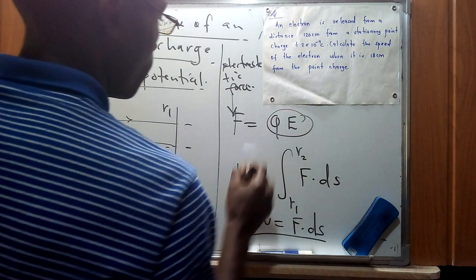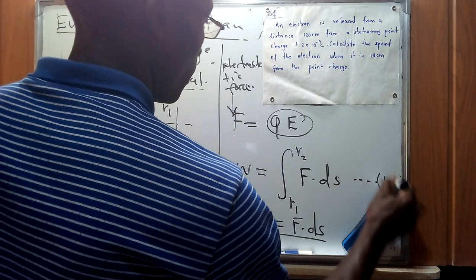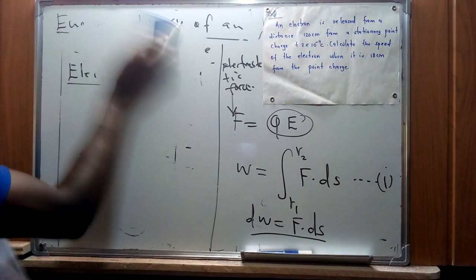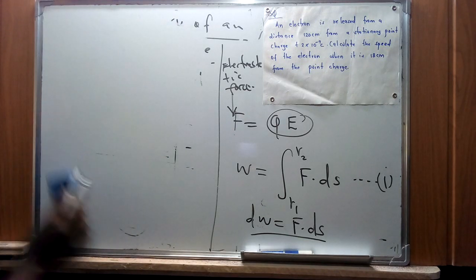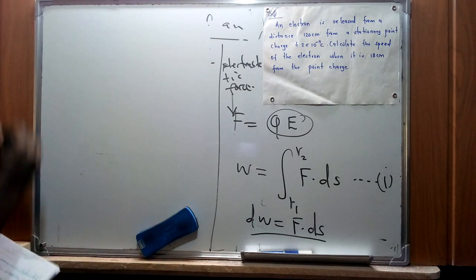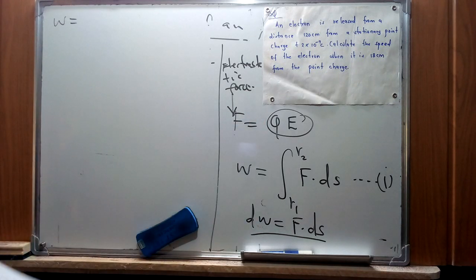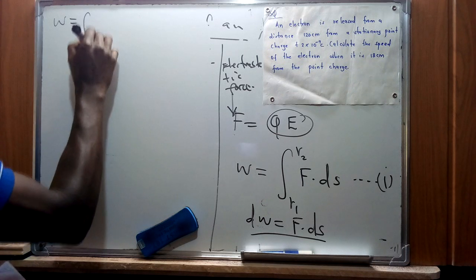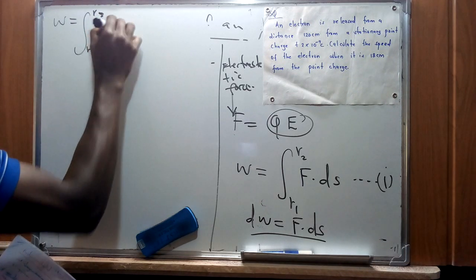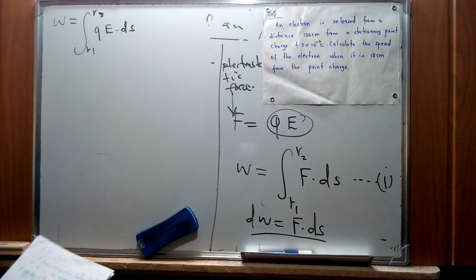whereby from this definition of force, we can do a substitution in the second case. Let's say this is our equation 1. We can represent the W in terms of QE by writing W from R1 to R2 of QE, which represents the electrostatic force, ds.